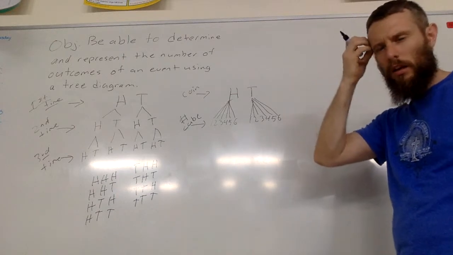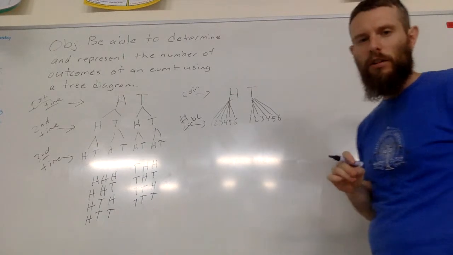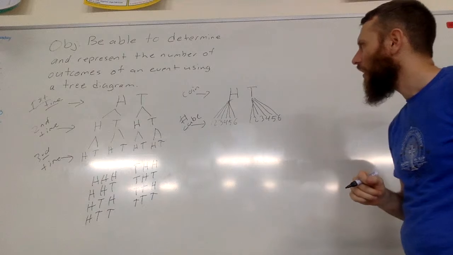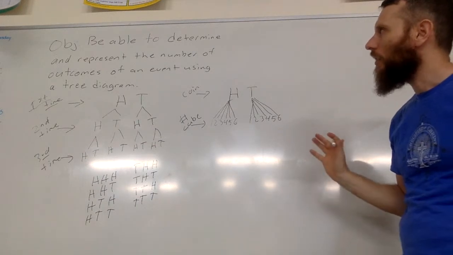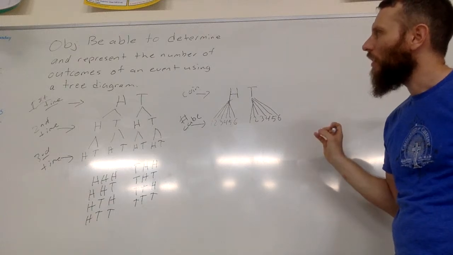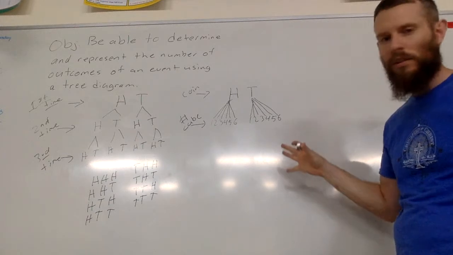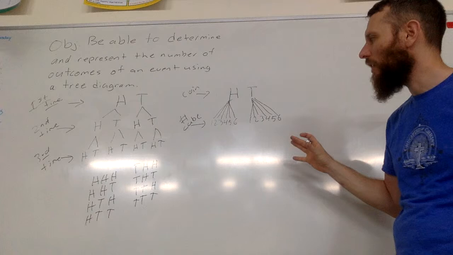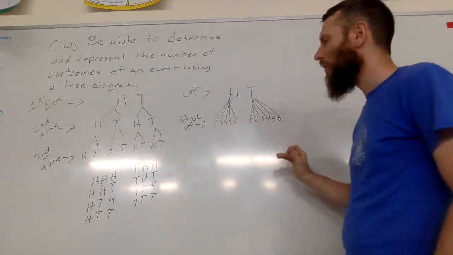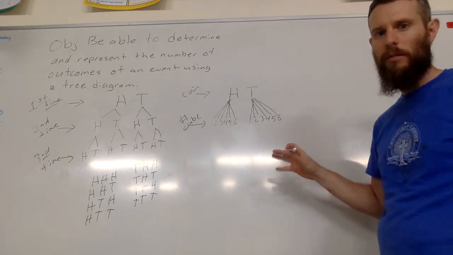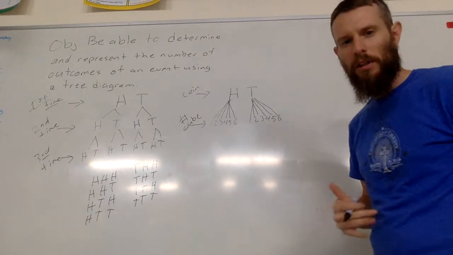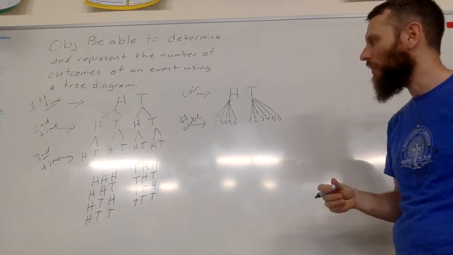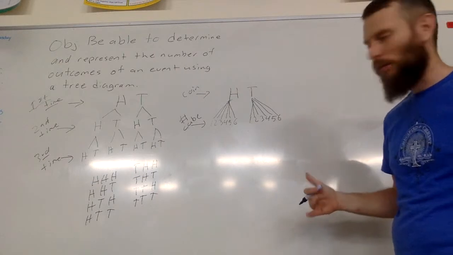I would not want to do this for big numbers, I hope. I mean, you could if you have enough space and you plan it right. But this is very similar to the counting principle, except this actually shows the different possible outcomes, whereas the counting principle gives you the number of possible outcomes, but it doesn't necessarily tell you what those outcomes could be.